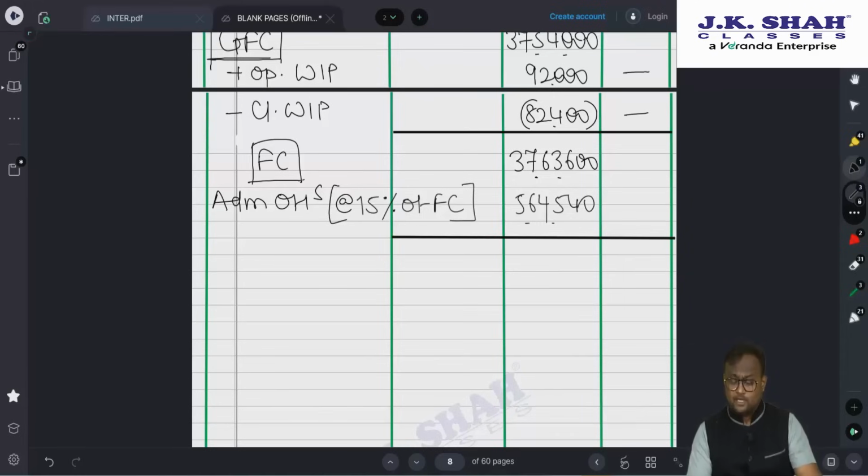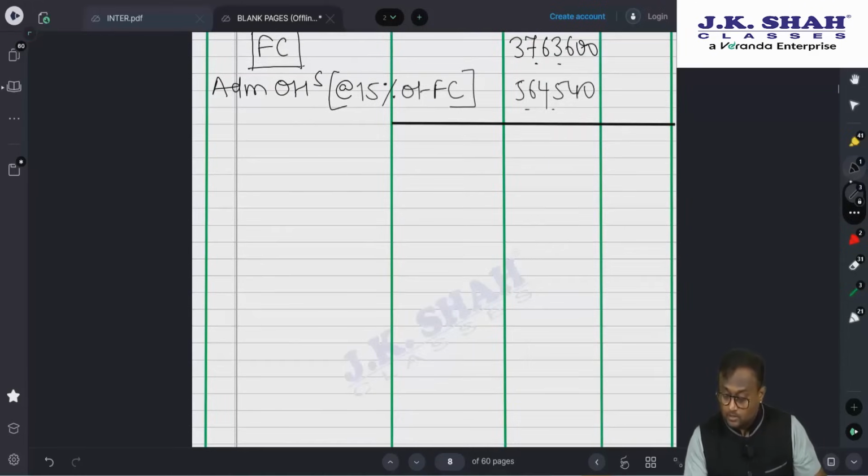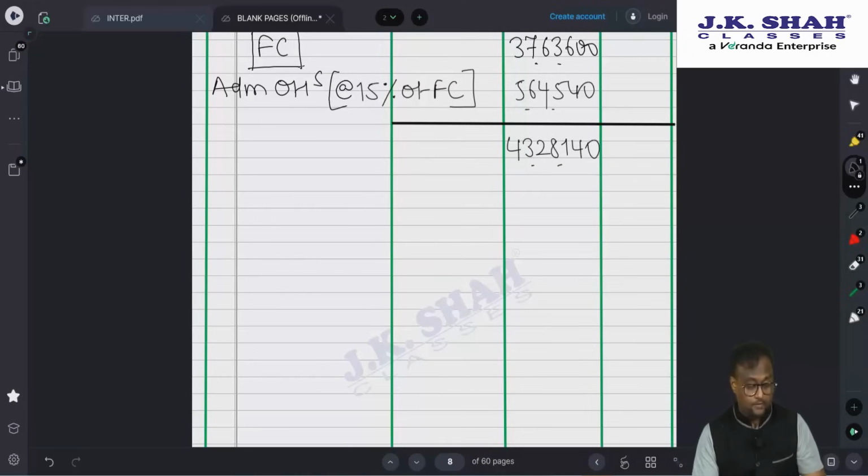There is no primary packing, there is no sale of scrap, so you can directly get the total. It will be 43 lakhs 28,140, and that is your cost of production.